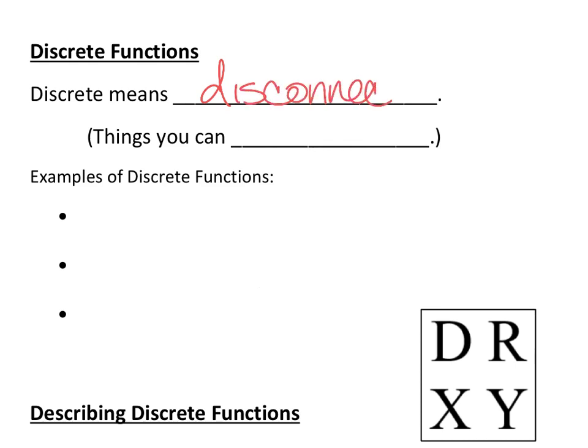If you're looking at a graph and you have a bunch of disconnected dots, those are discrete, which is super nice because disconnected and discrete start with the same 3 letters. So it's going to help us remember that anytime we have a scatter plot or a bunch of disconnected points, that is a discrete data set.